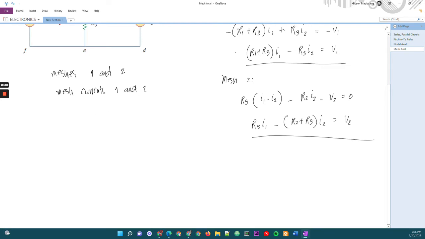So we have R1 plus R3, then negative R3. Below, we have R3 and negative R2 plus R3. Okay, this is our matrix.